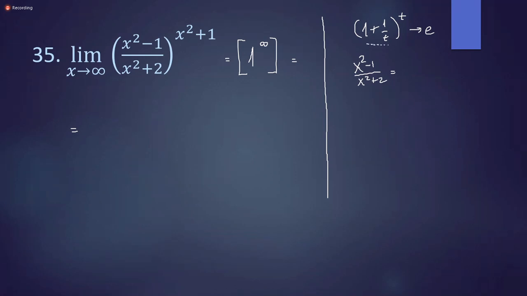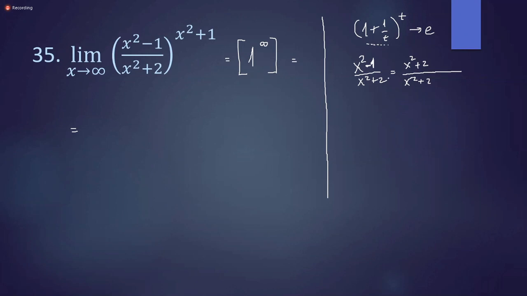Remember what we did. To get 1, evidently I would need x squared plus 2 divided by x squared plus 2, which would be 1. But of course, we also need to take care of the correct number, x squared minus 1. To get the correct number, I have to write minus 3.